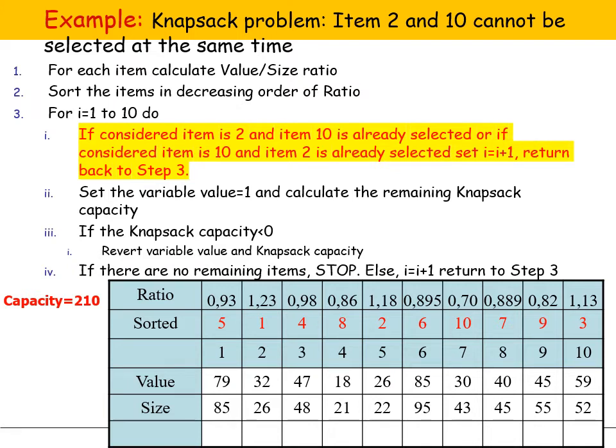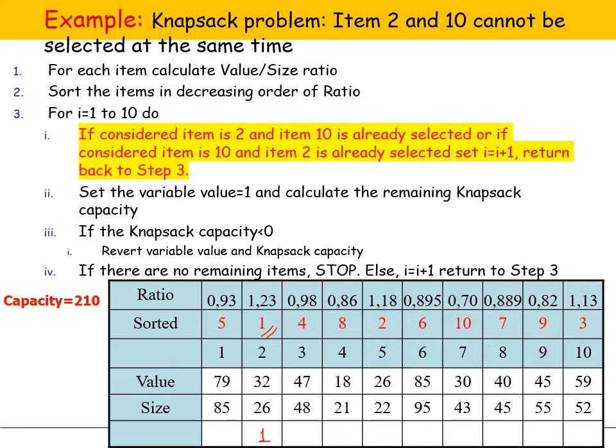Now let's solve the same problem with this additional restriction and with this additional step. So basically we start from the ordered list. Since this is the first item in the ordered list, we set its variable value equal to 1.